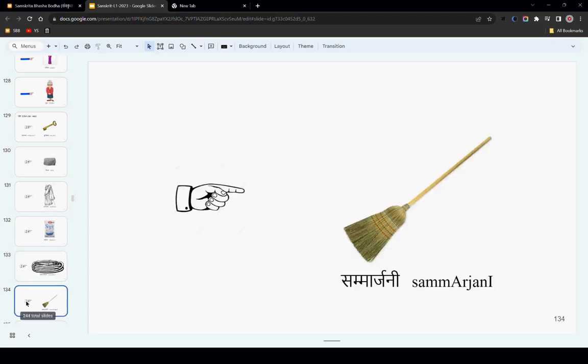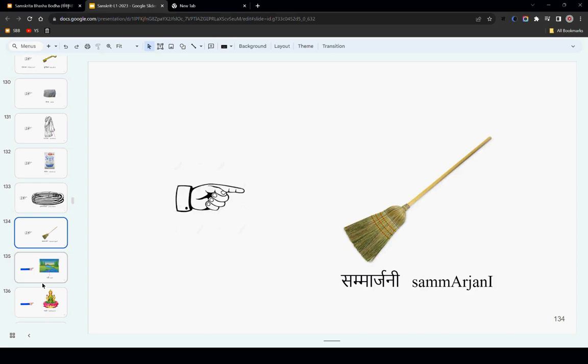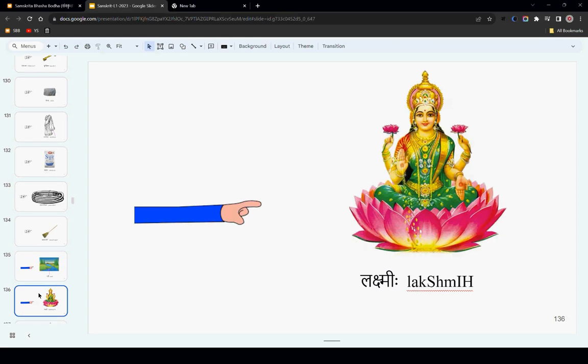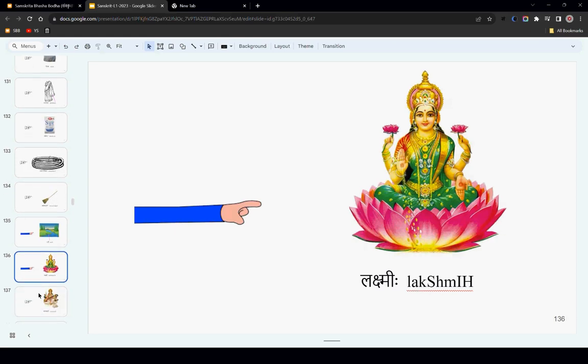Nalika means pipe. Then we have seen this sammarjani, and then there is sa, esha, or sa nadi. Nadi, being a dirgha e at the end here, is also a Strilinga word. Lakshmi. See here, there is Lakshmi, Sa, Lakshmi.